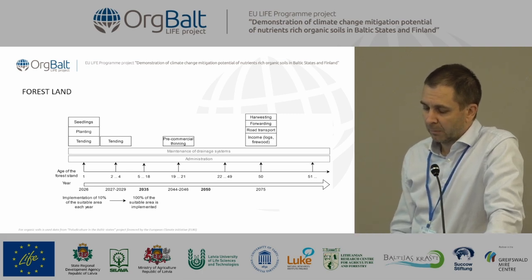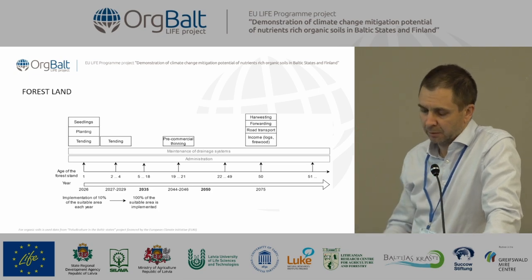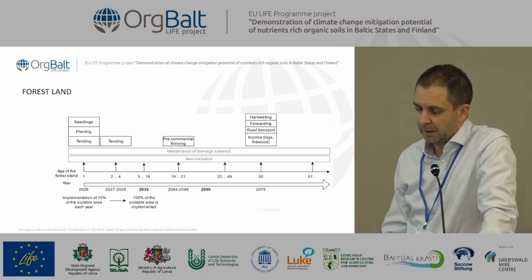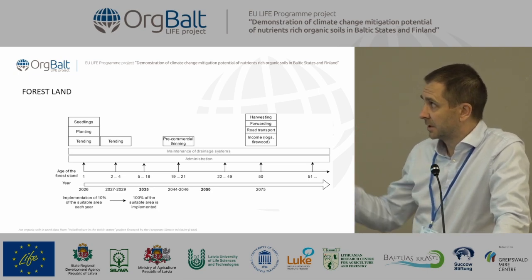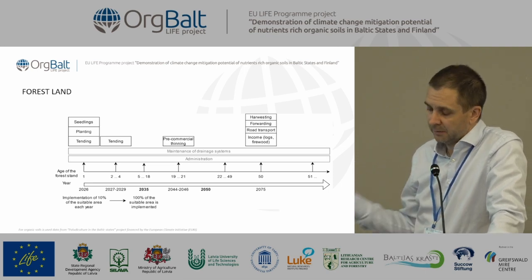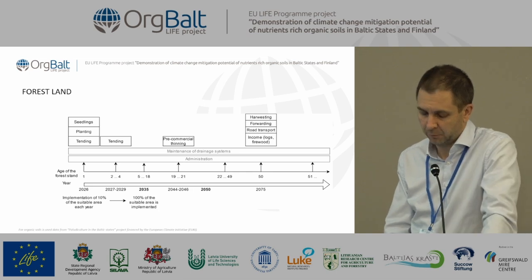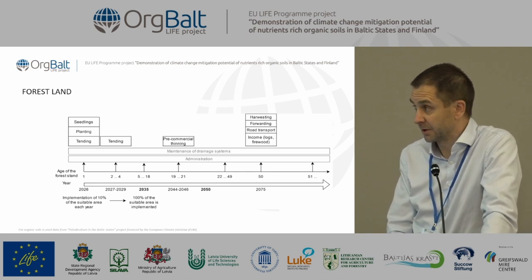When we are calculating for 2030, there are some parcels for which we calculated seeding, planting, tending, and for 2050, that's typically for some parcels pre-commercial thinning, and harvesting was not actually included for afforestation measures, for instance.